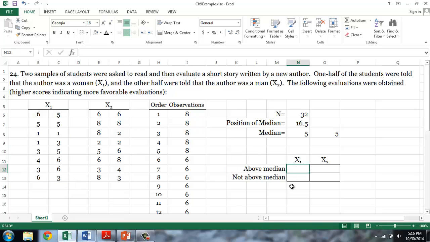In the first group, there are 4 6s, which is above the median, and then the remaining 12 observations are at or below the median. For group X2, I have 5 observations of 8, as well as 4 observations of 6, which equals 9 observations above the median, and then the remaining 7 are at or below the median.